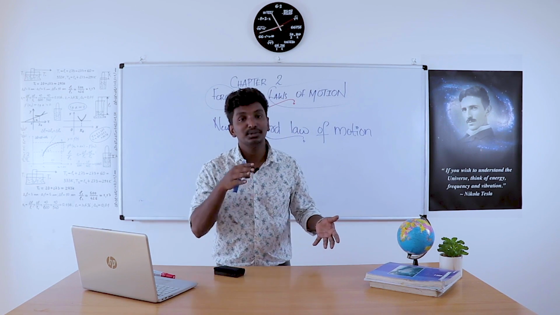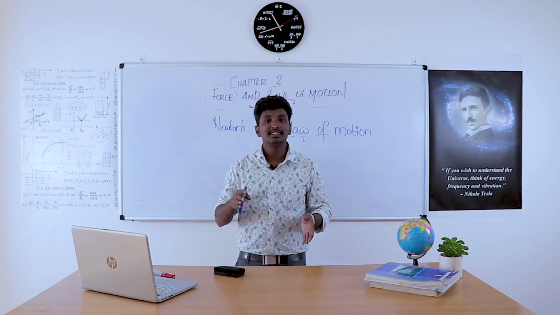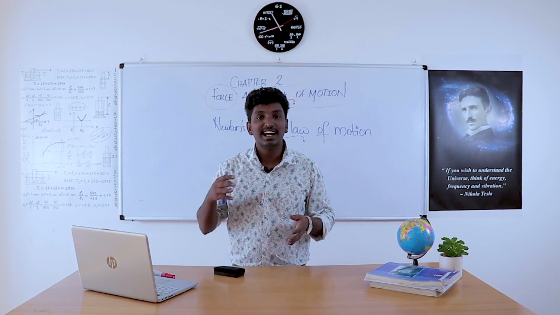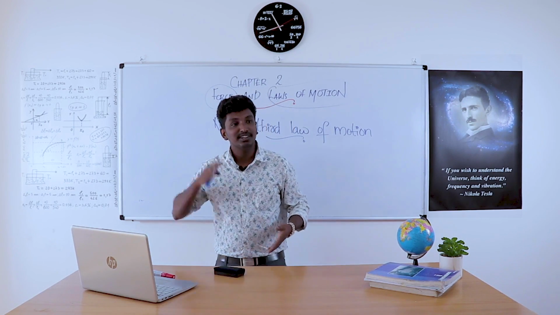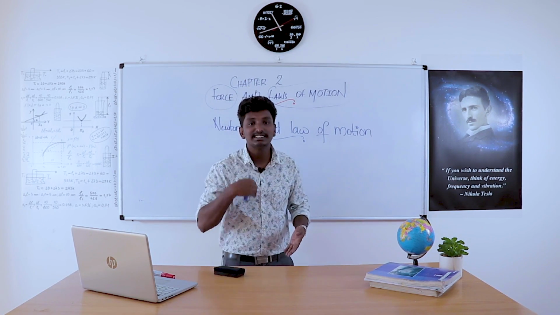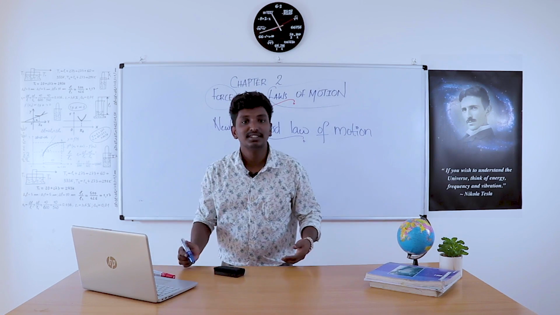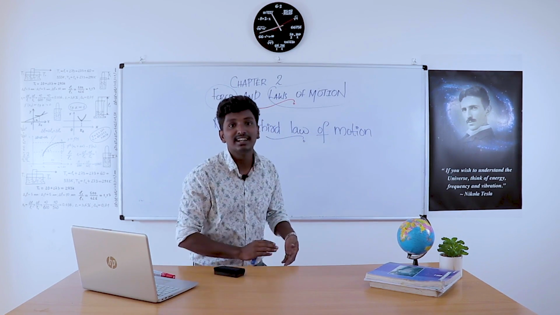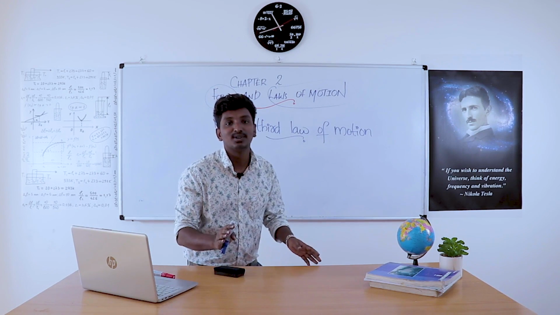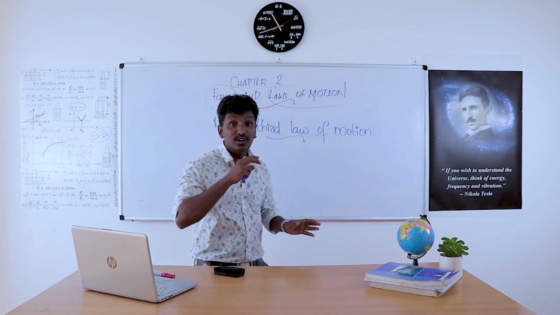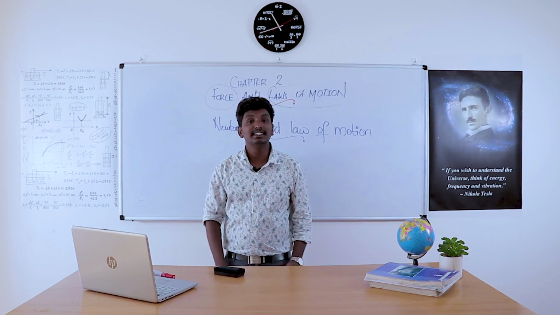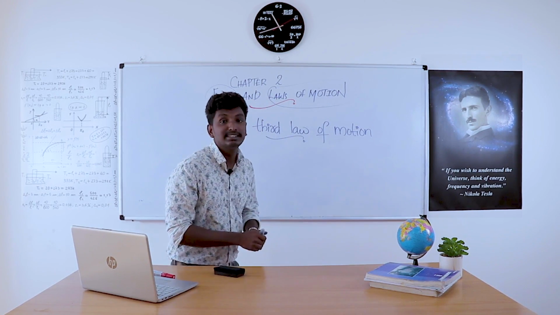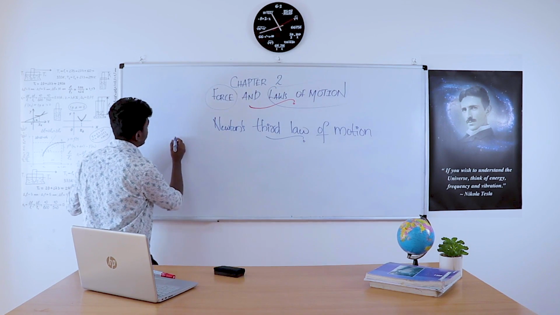The man you hit will surely give you a very big shock. That's what is called a reaction. When you hit someone, he reacts and gives it back to you. When you give that action, you get the reaction. That's what we simply say: for every action, there is an equal and opposite reaction. That is Newton's third law of motion.